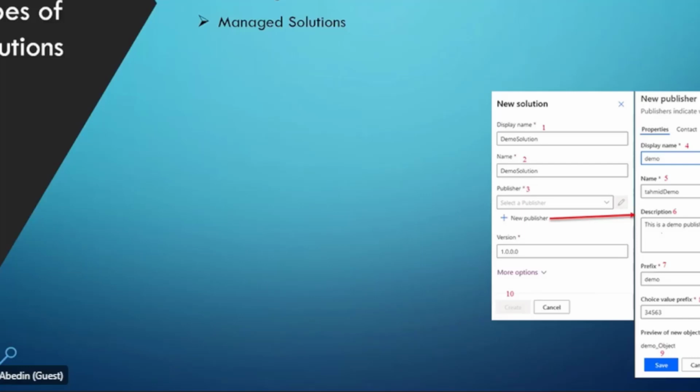For a production environment, a managed solution is good, because you don't need to edit there directly. This will help you manage your production, and no one can change anything there.